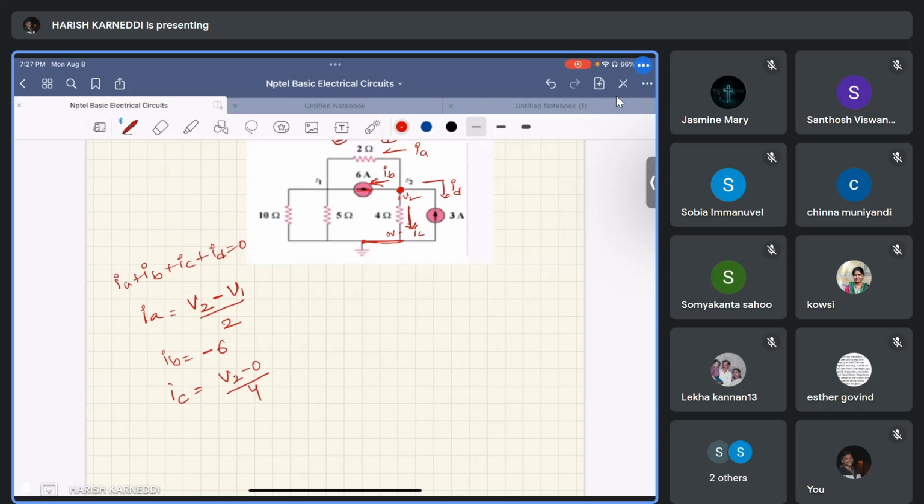It's clear, right? And ID: we considered the current in the downwards direction, but the current source direction is upwards. Both currents are opposite to each other. So ID equal to, it is opposite, right? Minus 3 amp.